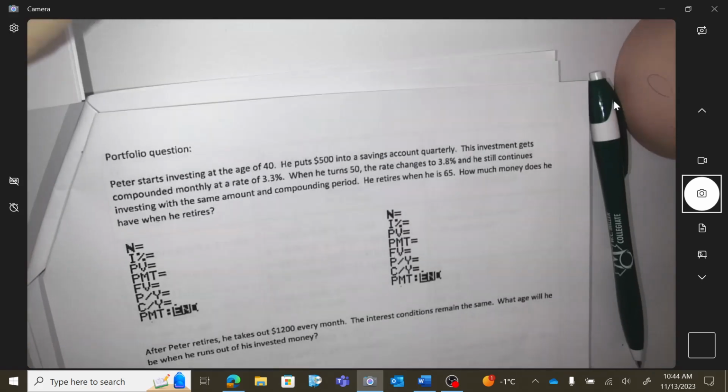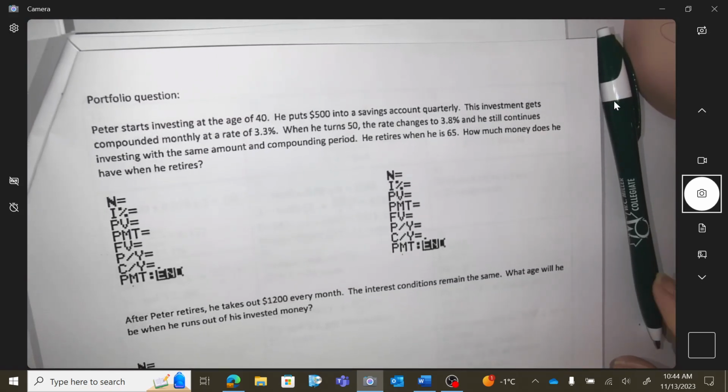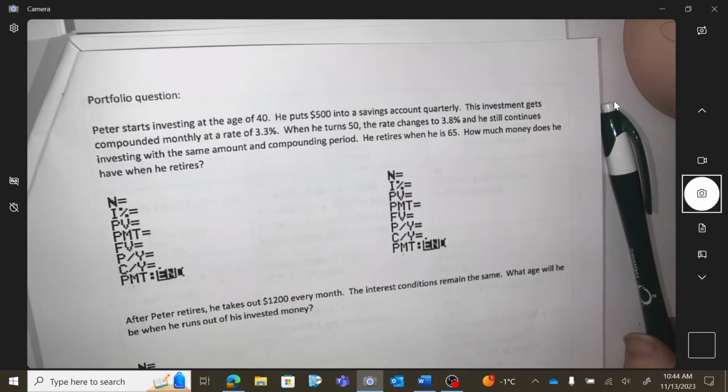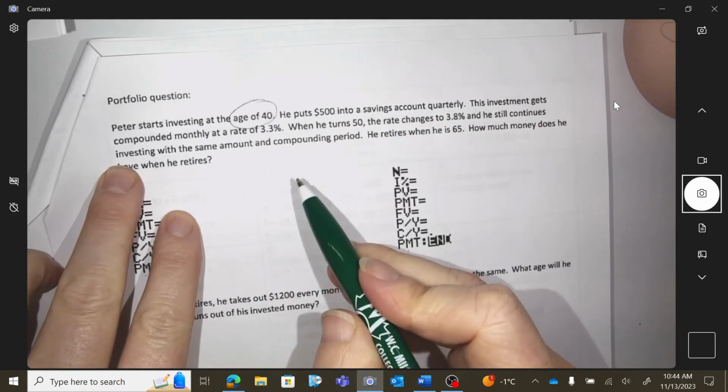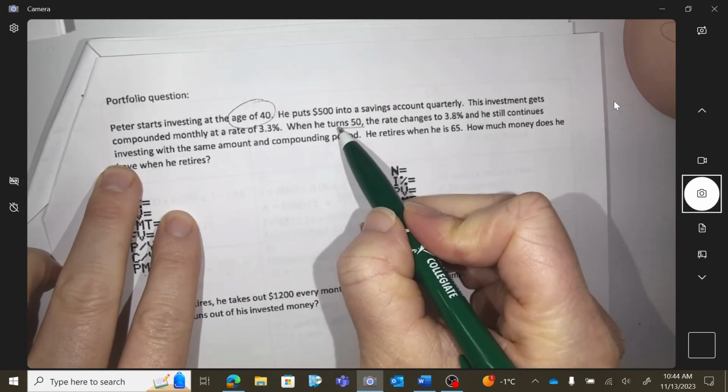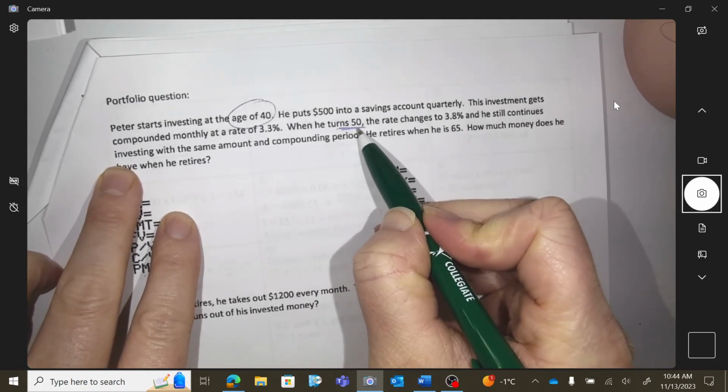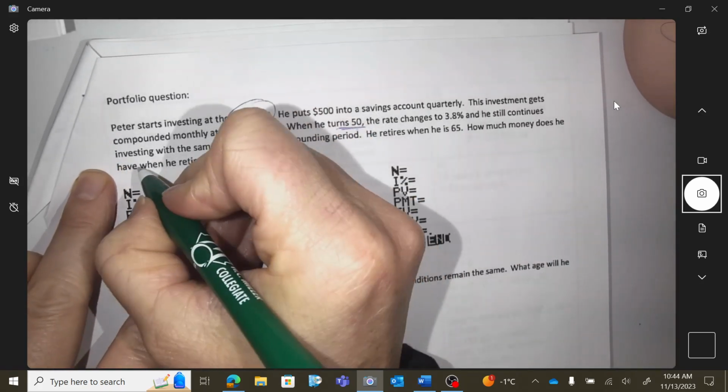Okay, portfolio question. We're getting good at them, right? Okay, so Peter starts investing at the age of 40, and he does a bunch of stuff. And then when he turns 50, things change.